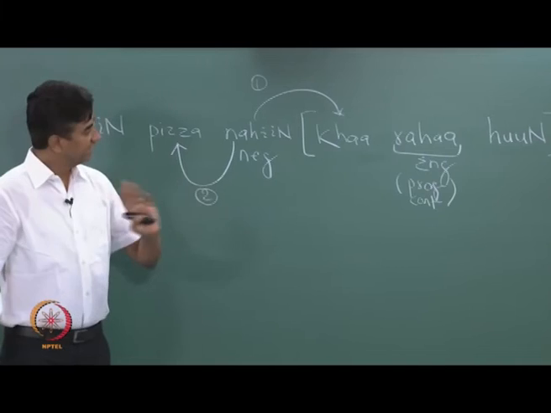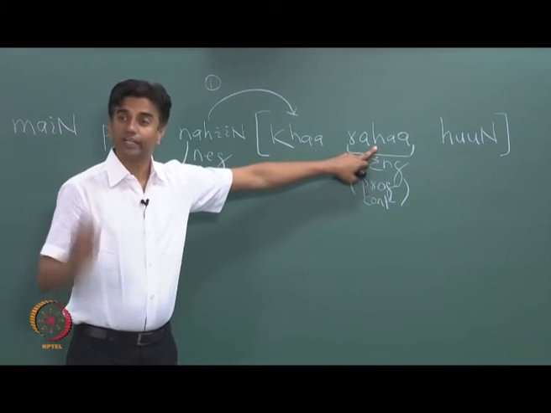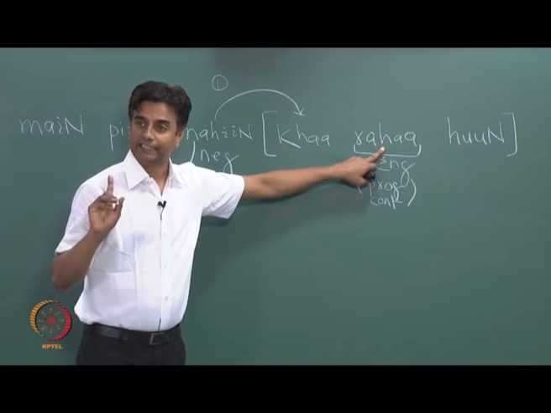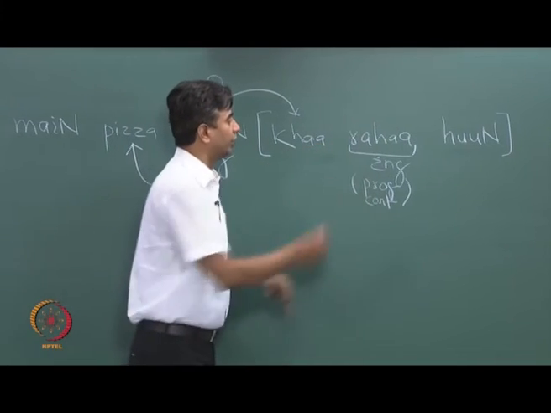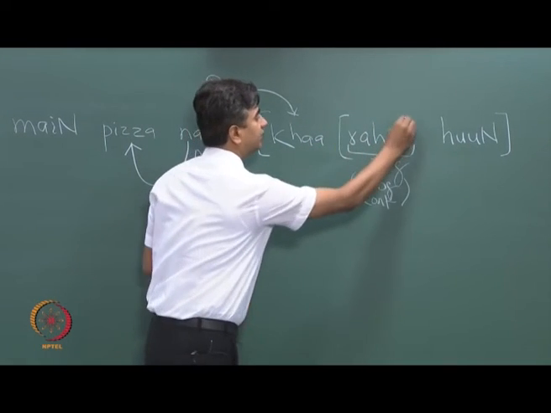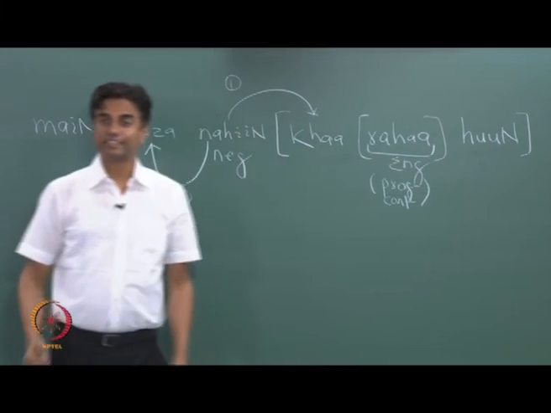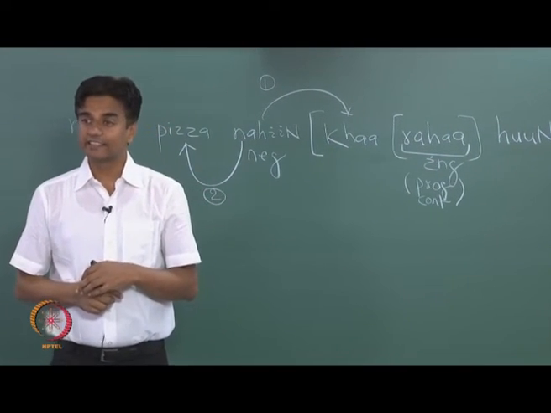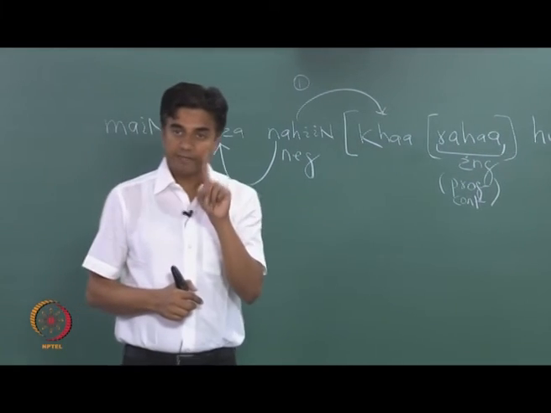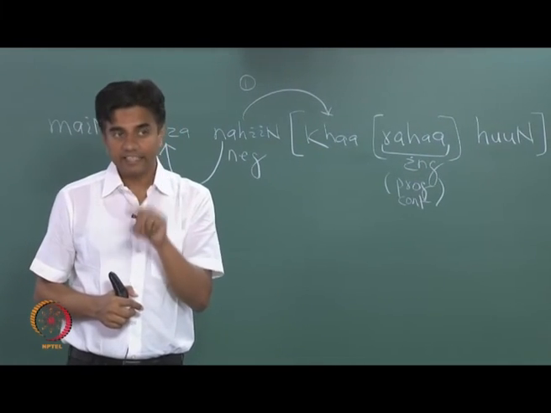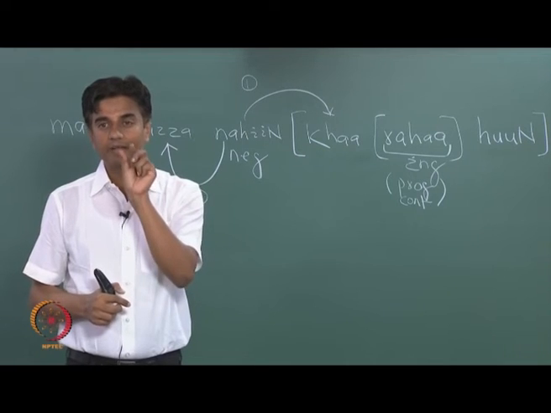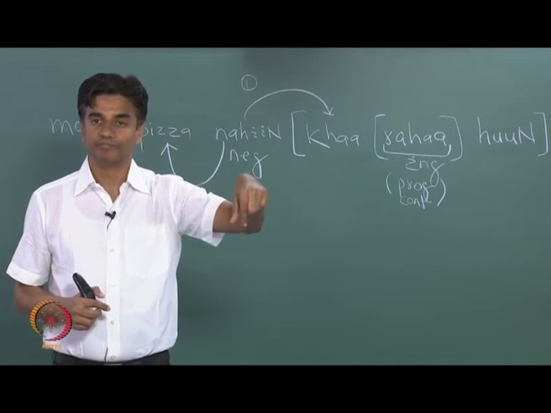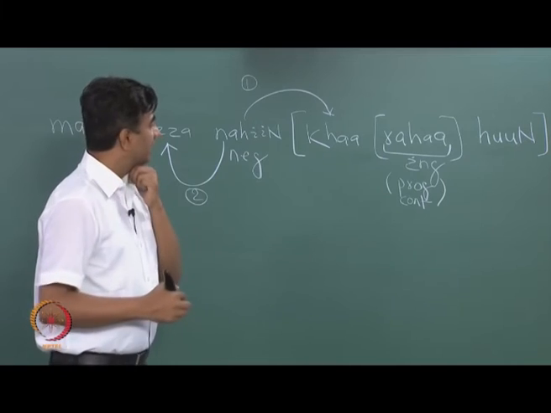All right? This is the only aspect marker in Hindi which comes as a full word. Do you understand what I mean by full word? That is, as a lexical unit. In other cases, aspect markers in Hindi become a marker on the verb. How do I say, I eat pizza?